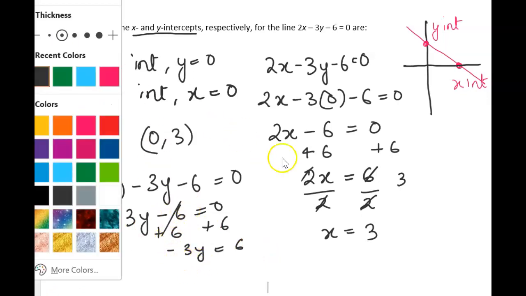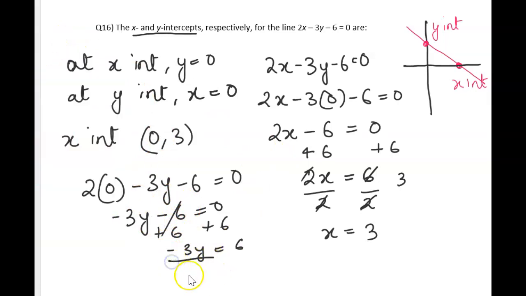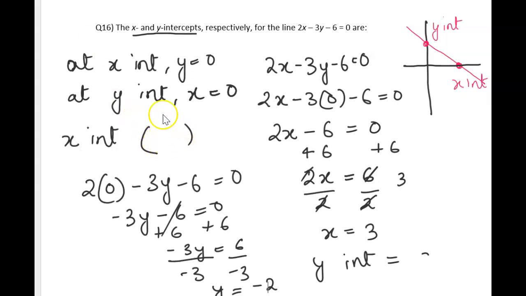So your y becomes minus 2. That means your x-intercept is x is 3 and y is 0, and your y-intercept is x 0 and y negative 2.